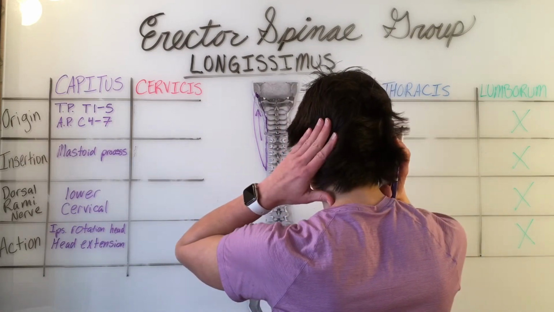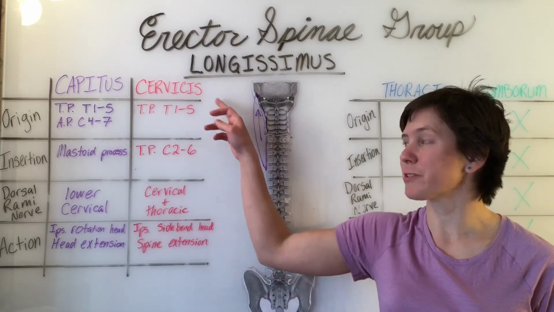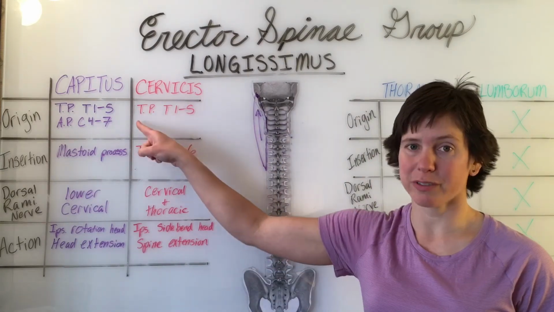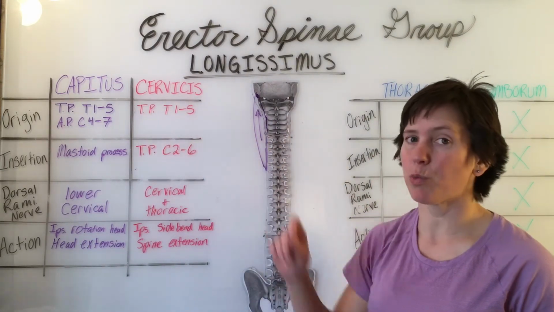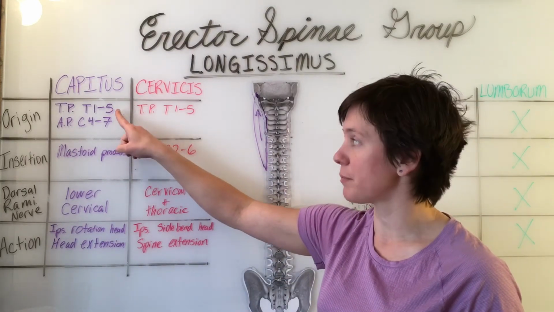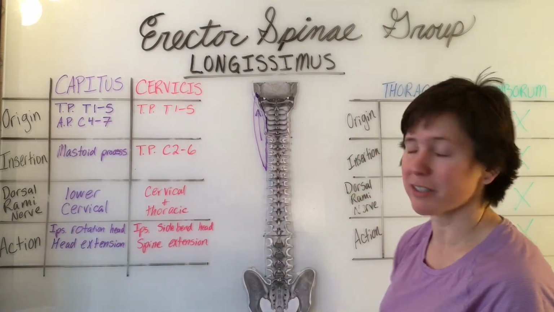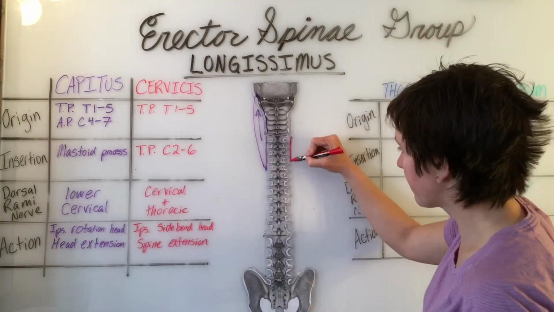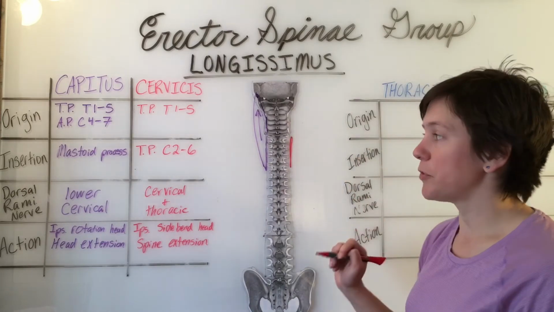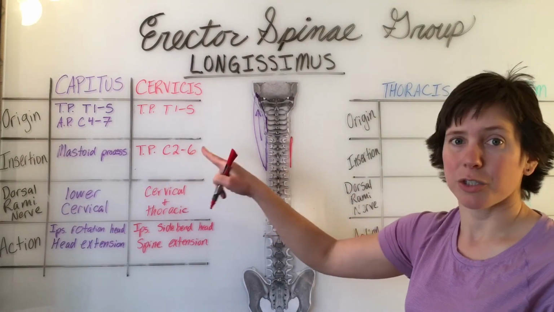So if this is the side we're looking at, ipsilateral rotation and bilateral head extension. The Longissimus cervicis originates at the transverse process of T1 through 5. Notice how this is the same as part of the Longissimus capitis origin, the transverse process of T1 through 5. And it'll go up to insert on the transverse process of C2 through 6.